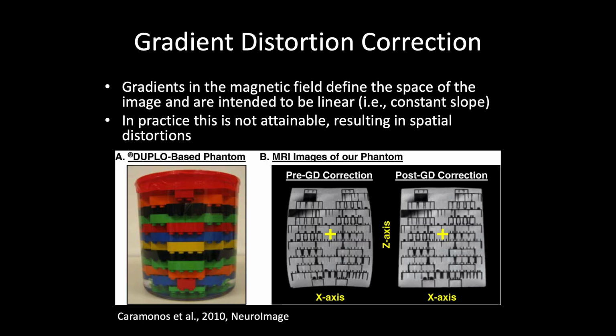Now, you've also talked about gradient distortion, and the HCP recommends, if you can, to do some sort of gradient distortion correction. And the idea behind the gradient is that because it's not perfectly linear as we would like, you get some distortion. I thought this was a cute example because you know what Duplo is.